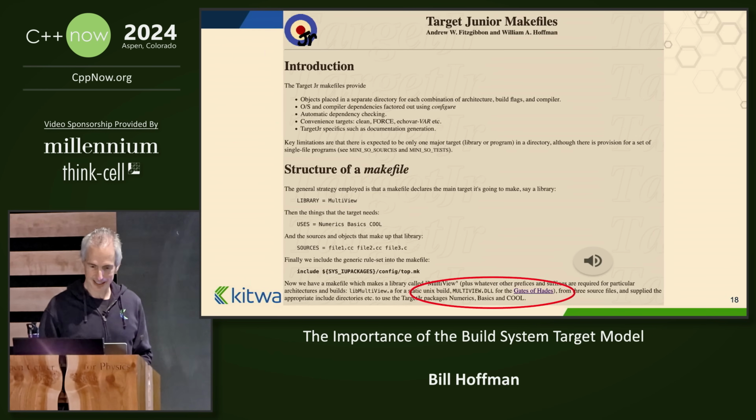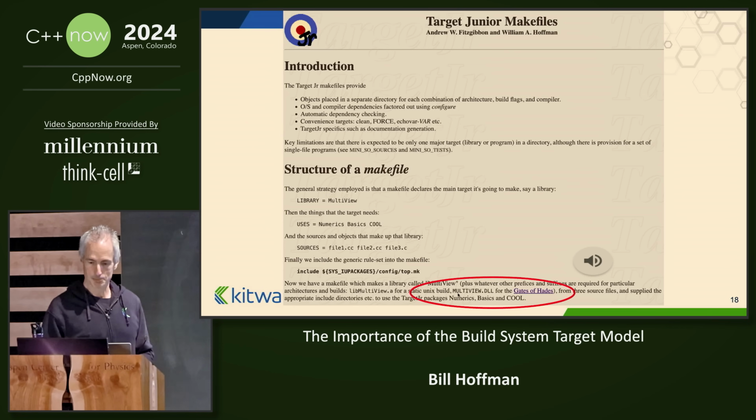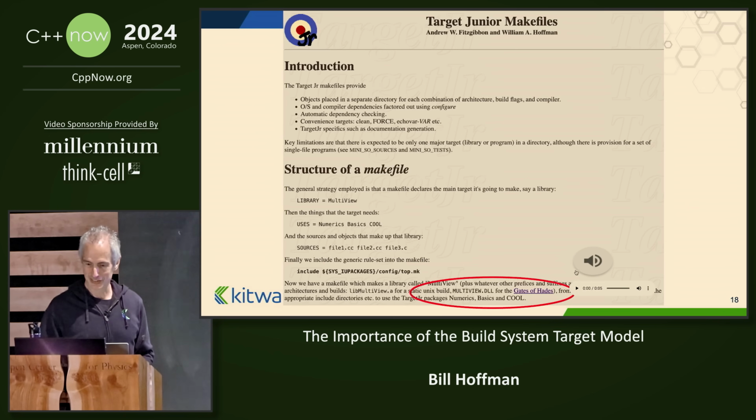And then I found this particularly funny, so I thought I would share it with you folks. You can see that it builds a multiview.a for static Unix builds, and then a scream multiview.dll for the gates of Hades. I'm like, what is that? I didn't even remember this. But actually, you could click on it.